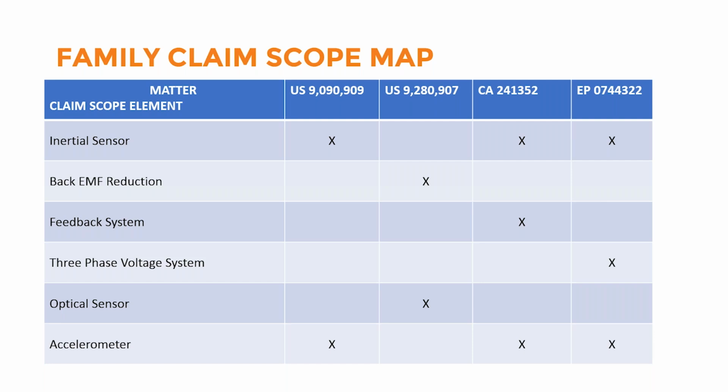So these might be key limitations, key pieces, or characteristics of the claims of each of these matters. In this case, I've simplified this. We've got six claim scope elements, and we can see how they are distributed across this family.